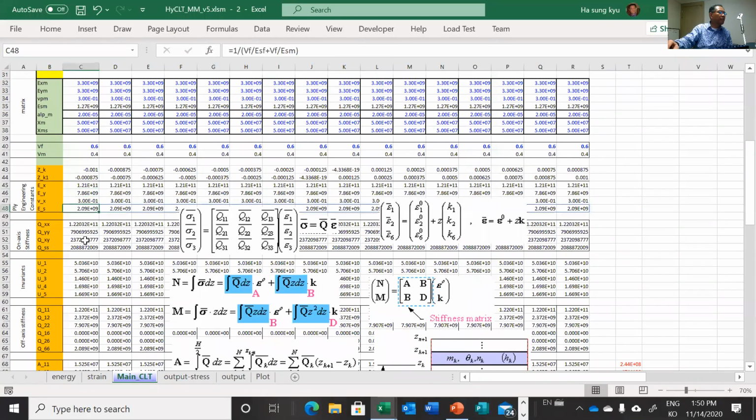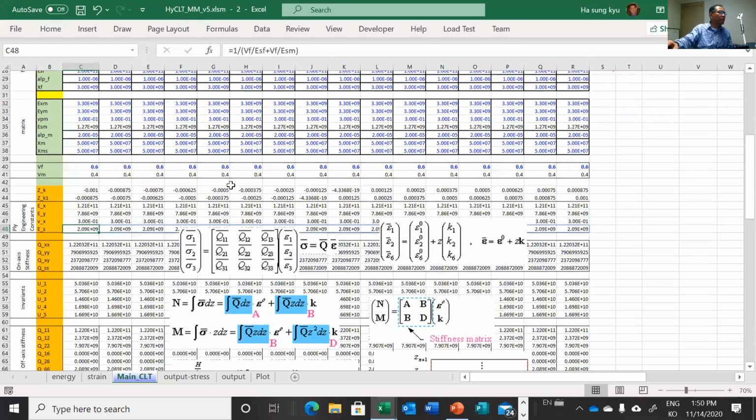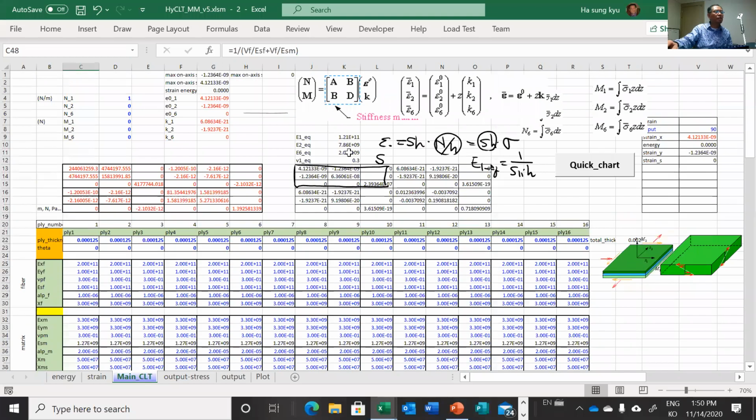Poisson's ratio, and 2.09 is the shear modulus. So we checked this one.